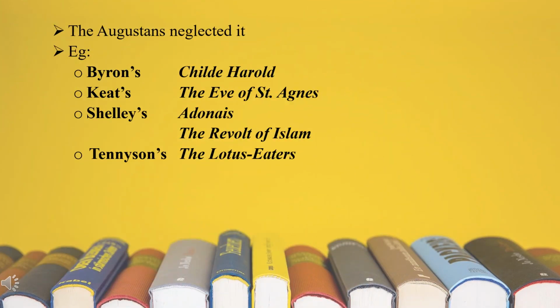The Augustans who come after Spenser completely neglect the Spenserian stanza form. Then the examples of Spenserian stanzas you can see in Byron's Childe Harold, then Keats' The Eve of St. Agnes, then Shelley's Adonais and the Revolt of Islam, then Tennyson's The Lotus Eaters.